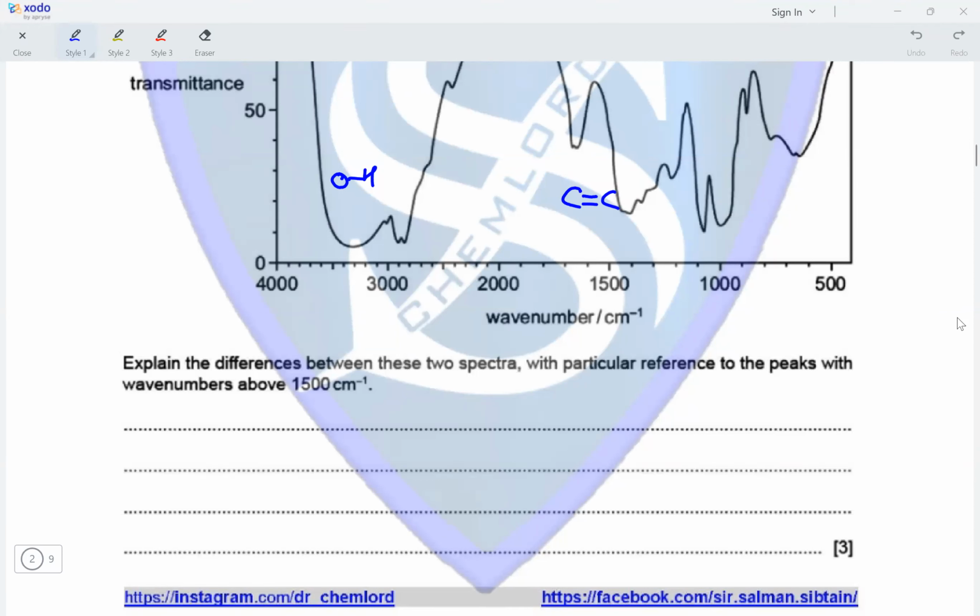Explain the difference between these two spectra with particular reference to the peaks with wavenumbers above 1500 cm⁻¹.